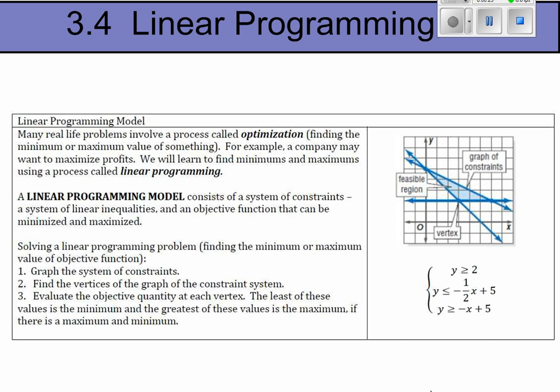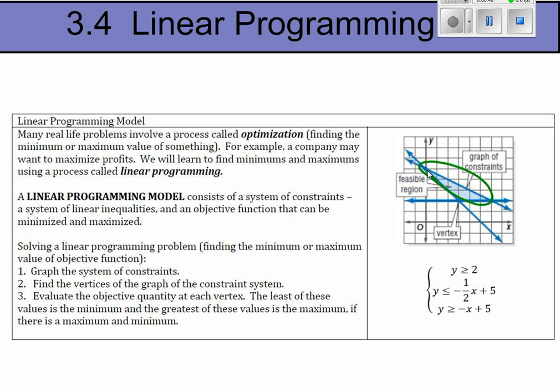A linear programming model consists of a system of restraints, which is, in our terms, a set of linear inequalities, and an objective function that can be minimized or maximized. So what we're trying to do is a couple things. One, we are trying to graph the systems of constraints. We're trying to figure out what we call a feasible region, which in this case is this shaded area right here.